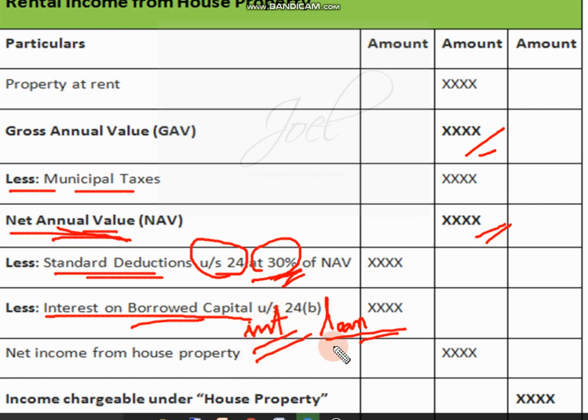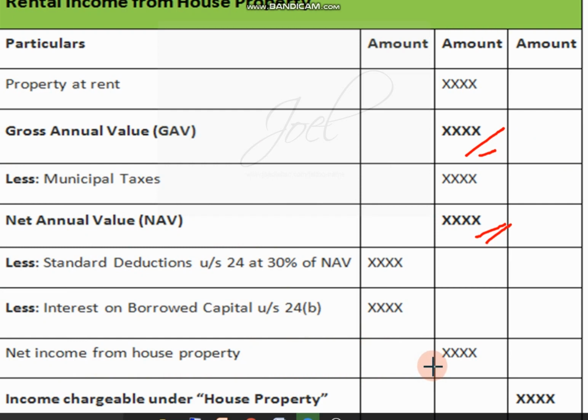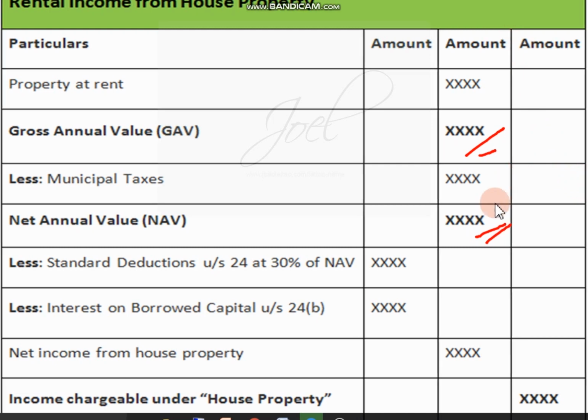So interest on loan will be considered as one more deduction available. Other than that, no other deductions are considered: standard deduction at 30%, and interest on loan. When you consider these two deductions, you will arrive at income from house property.